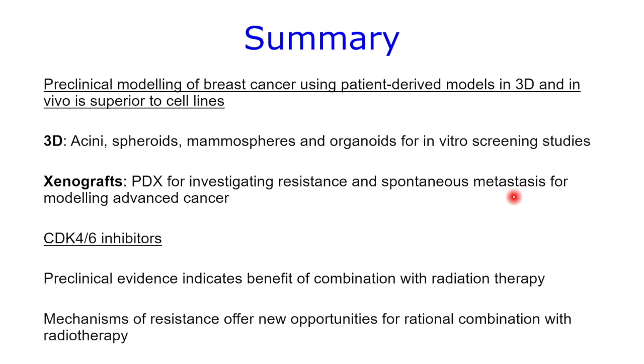You can study spontaneous metastasis and model advanced cancer. For the CDK4/6 inhibitors, there is preclinical evidence of a benefit of combination with radiation therapy. But I think you've got to be aware when the tumors are resistant to CDK4/6 inhibitors and they're advancing, then there are mechanisms of resistance that offer new opportunities for rational combinations with radiation therapy.